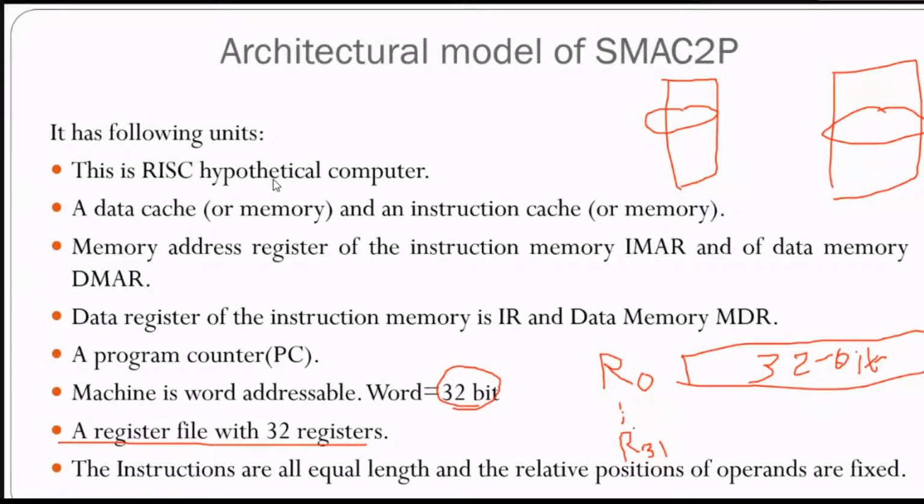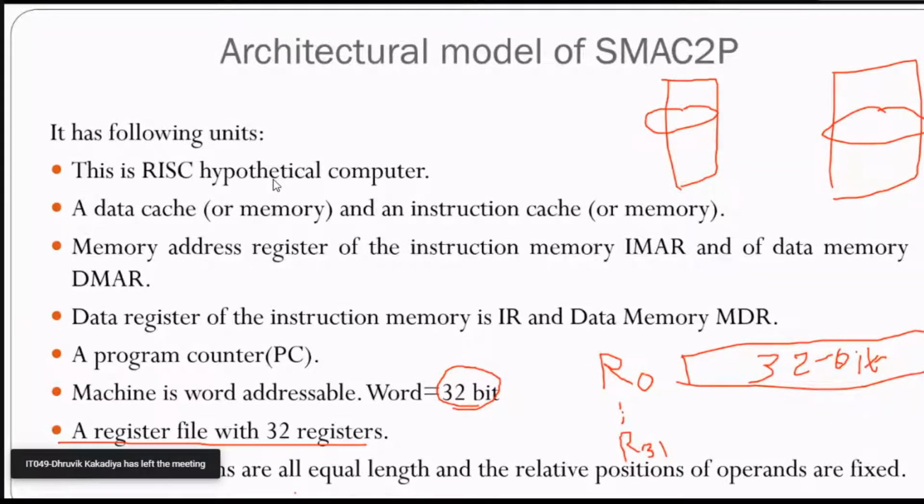So how many such registers are there? Total 32 registers, numbered from R0 to R31. So general purpose registers, or you can say you can use a register to store your data, temporary data, to store your index. कुछ भी store करने के लिए हम ये register का use कर सकते हैं. So we will have a register file.